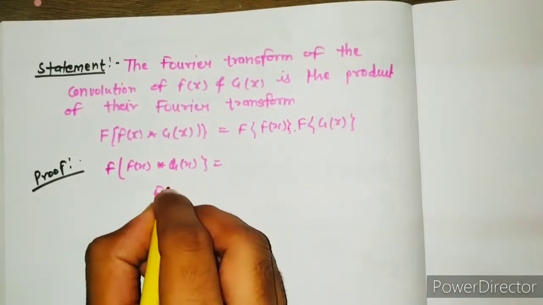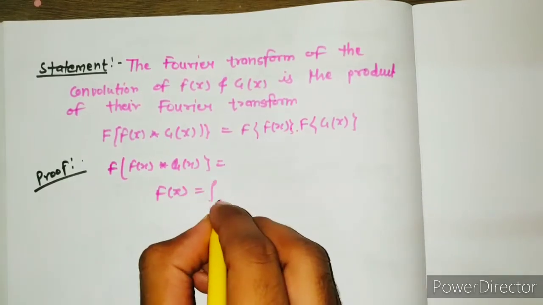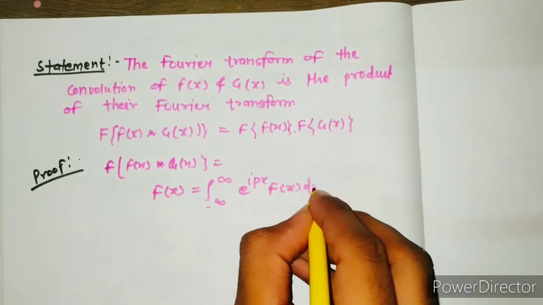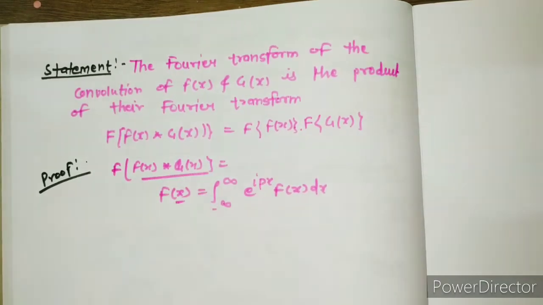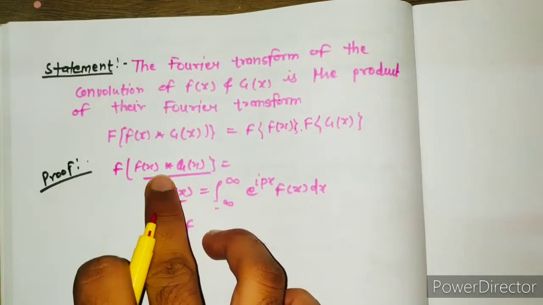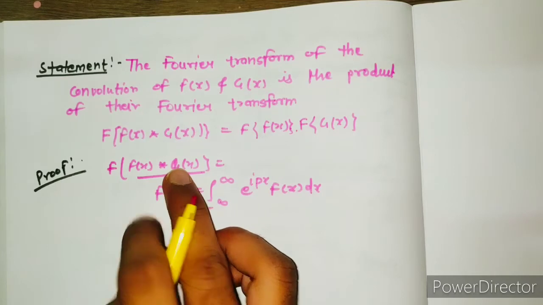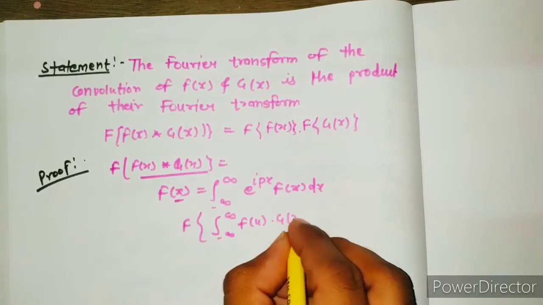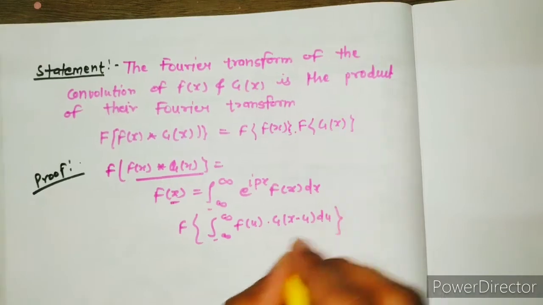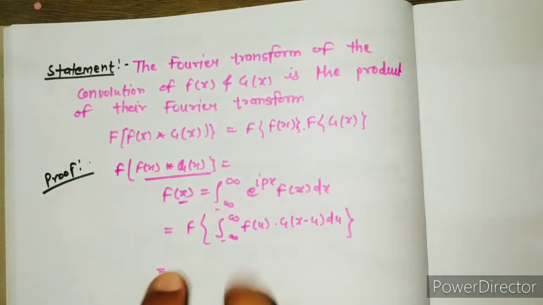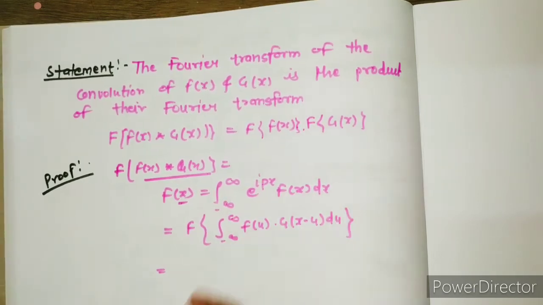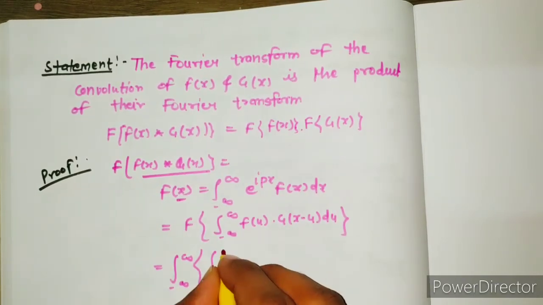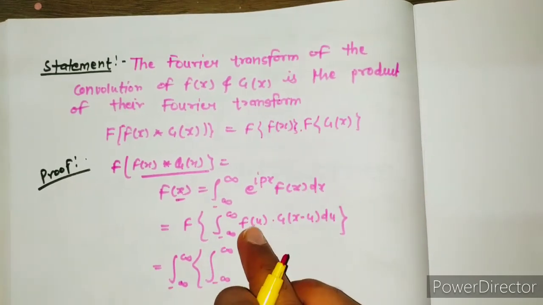The basic formula of the Fourier transformation is the integral from minus infinity to infinity of e^(ipx) f(x) dx. Here the total term is in x, so we write the convolution as the integral of f(u) g(x - u) du.